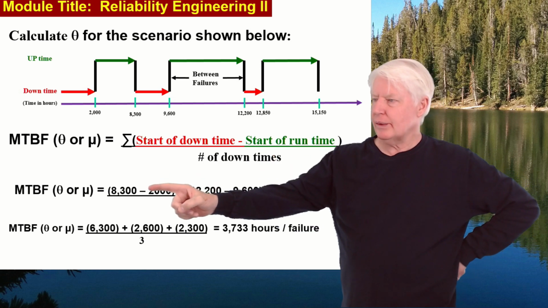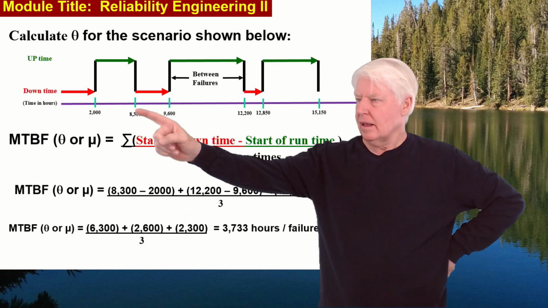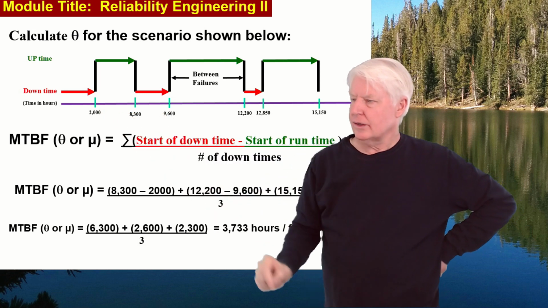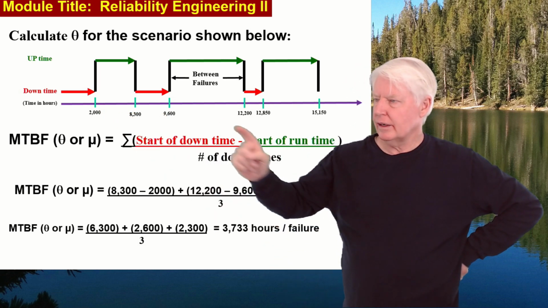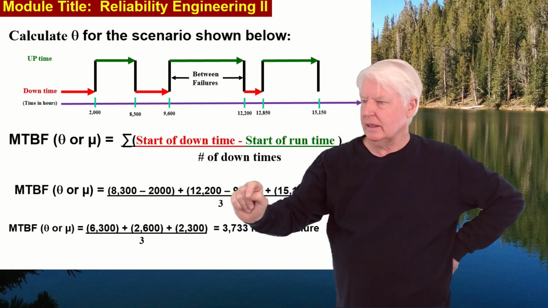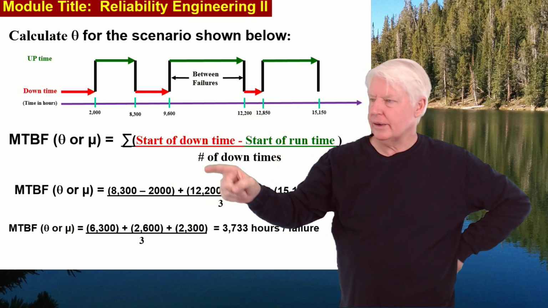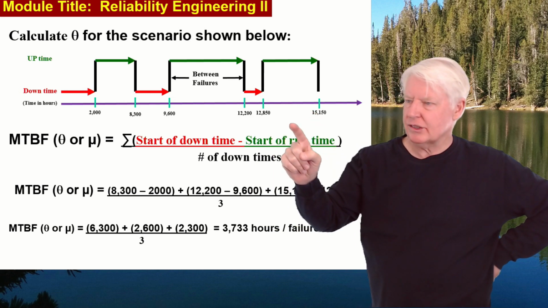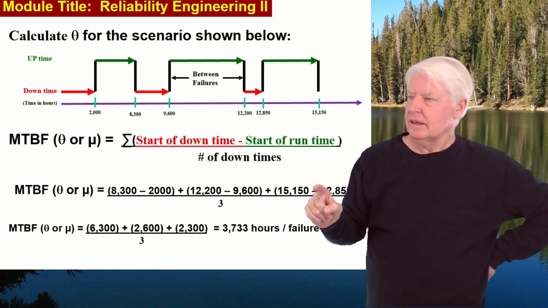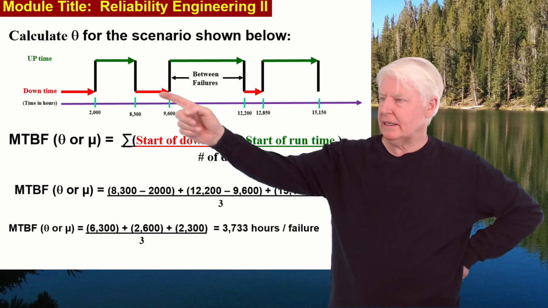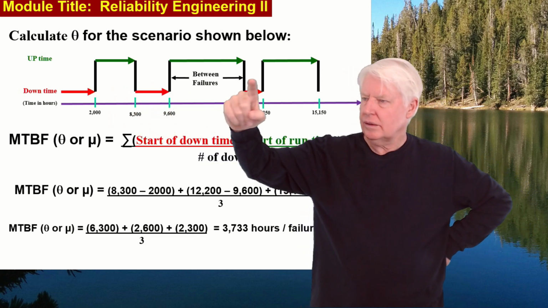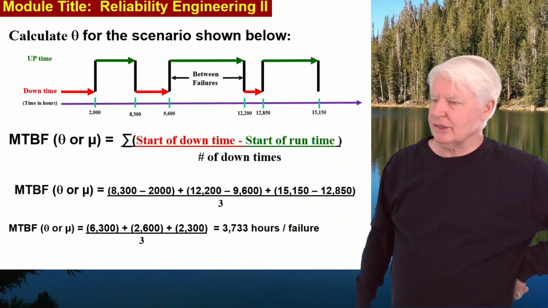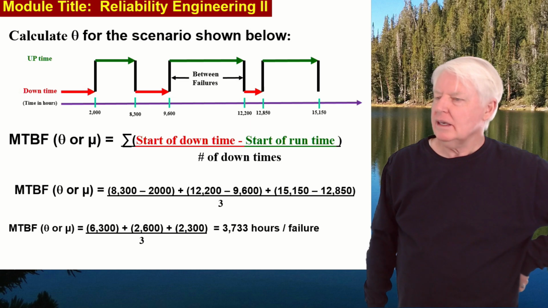And notice we went 8,300, which was start of downtime right there, minus start of runtime, 2,000, then 12,200 minus 9,600, 15,150 minus 12,850, divided by the number of downtimes. How many times did it go down? 1, 2, 3. And mean time between failure then is 3,733 hours per failure.